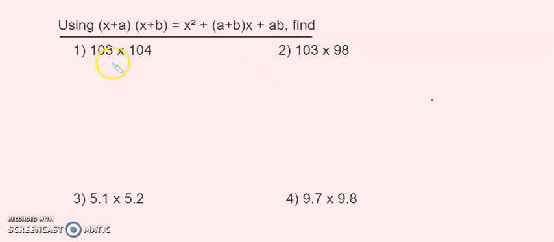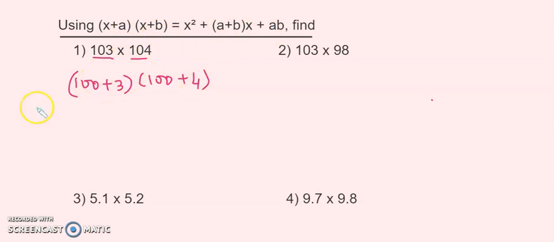Sorry. So now if you see, the only difference is they will be near having some common number. Like here it's 103 and 104. What is common? 100. So we'll say it's 100 plus 3 and 100 plus 4. As per our formula, the x square is represented by 100, the a is 3 and the b is 4.